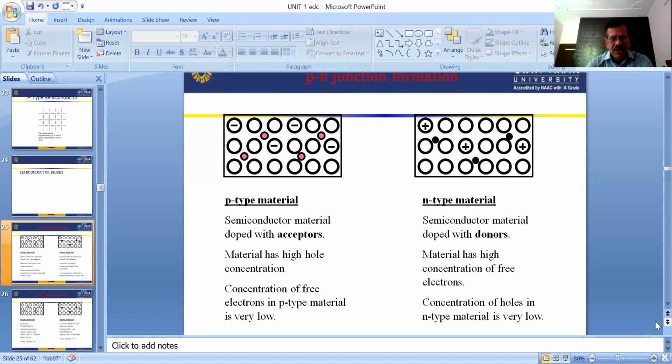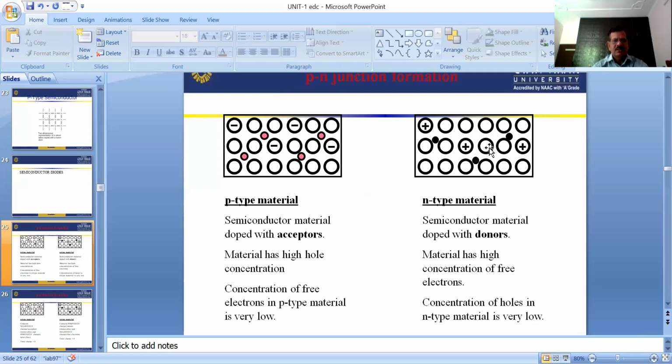You see in this slide, here is the p-type material and here the n-type material. In p-type material there are some holes and some electrons, and in n-type material there are also some holes and some electrons.